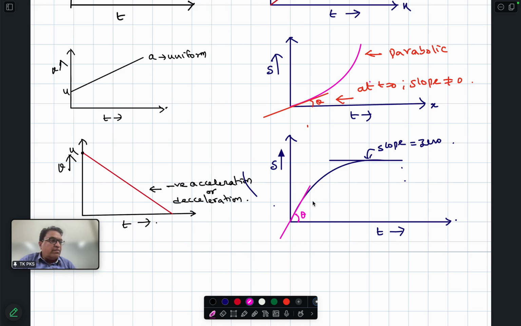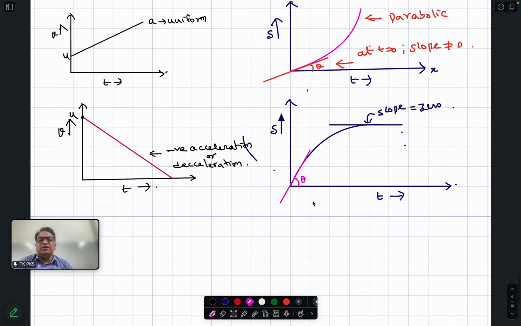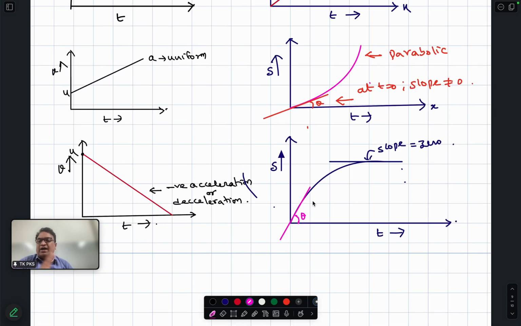Now tell me, do you have any doubt till this point, boys and girls? Any student having doubt till this point? I have proposed both the graphs, this side as well as that side. Right. Next. Any doubt? Ask me now. Right.